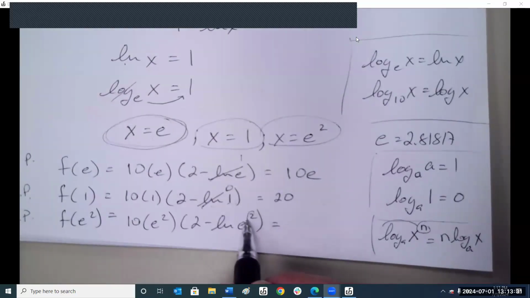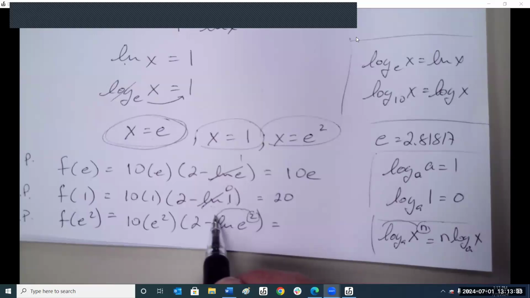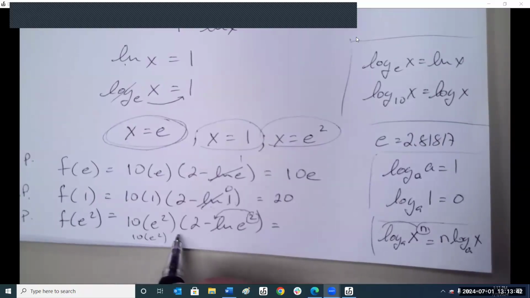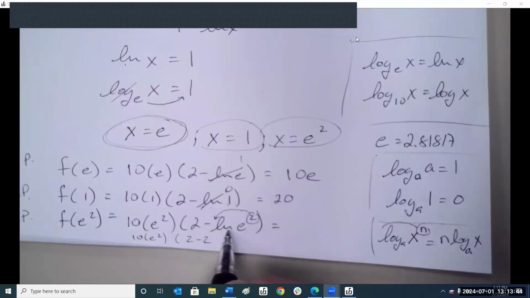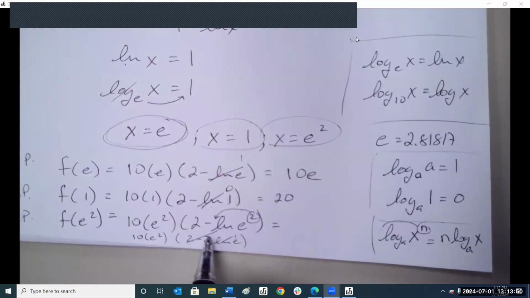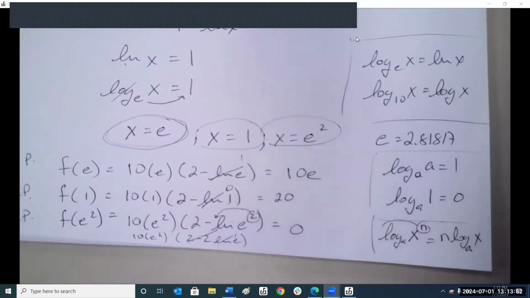So this 2 goes out in front here. So we have 10e squared, 2 minus 2 ln e. ln e is 1. 2 minus 2 is 0. So this one is 0.